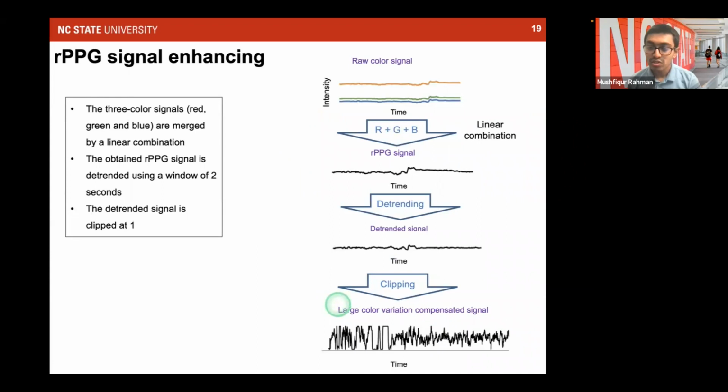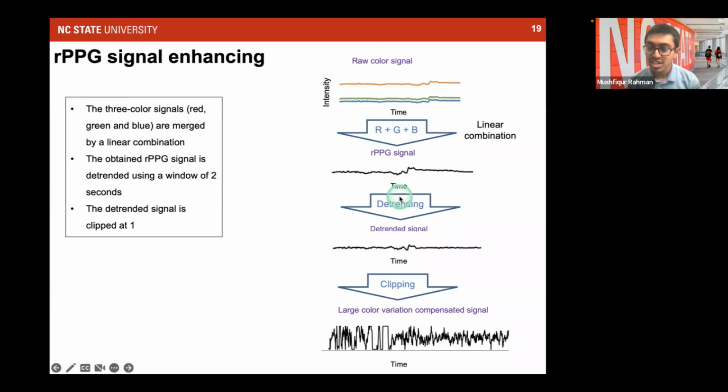In this slide, we will see how we can process the general intensity signals that have a signature of our heart rate, and increase the signal to noise ratio. First, we do a linear combination of all three channels, and hence the signal quality gets improved and we have a signal of one channel.